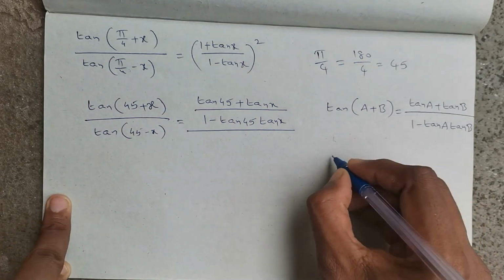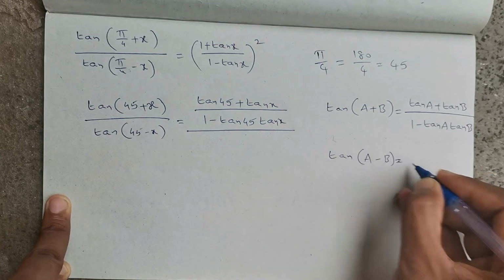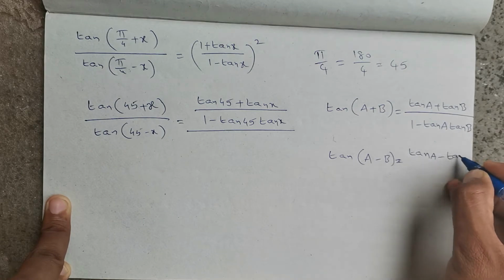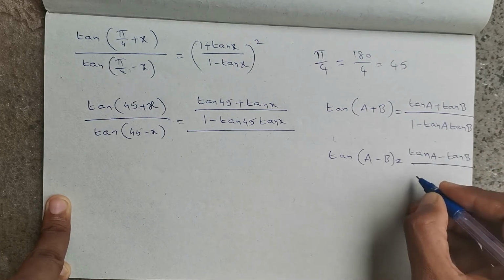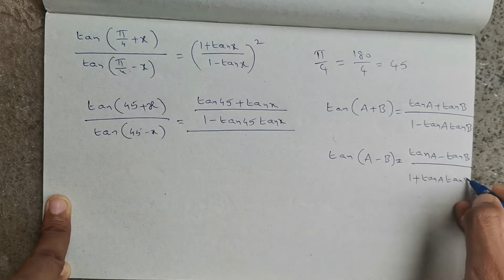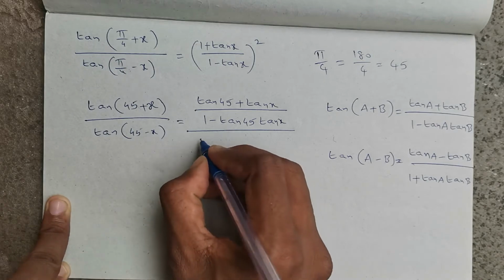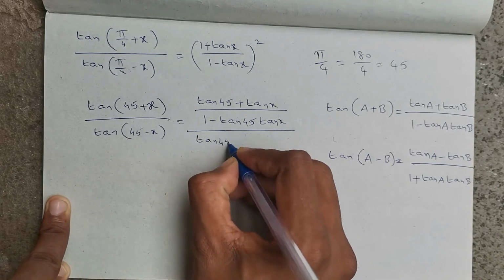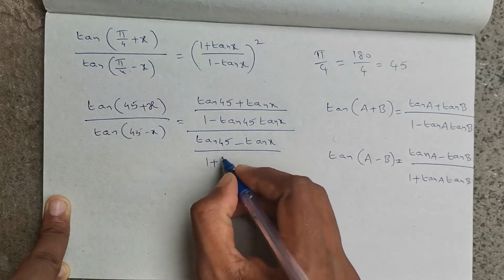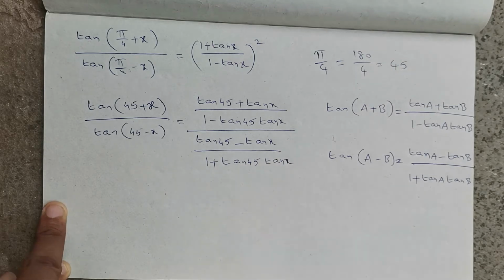If you observe this denominator, tan of (45 minus x), it is in the form of tan of (a minus b). So tan of (a minus b) is equal to (tan a minus tan b) divided by (1 plus tan a tan b). So I will expand this tan of (45 minus x). So we will get (tan 45 minus tan x) divided by (1 plus tan 45 tan x).